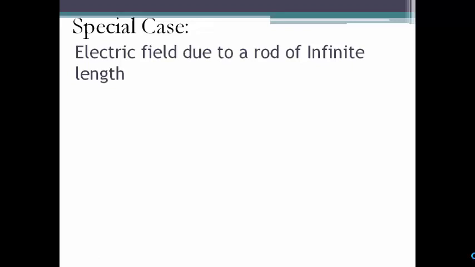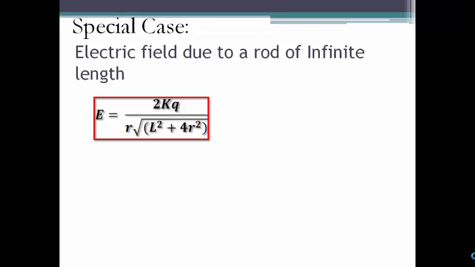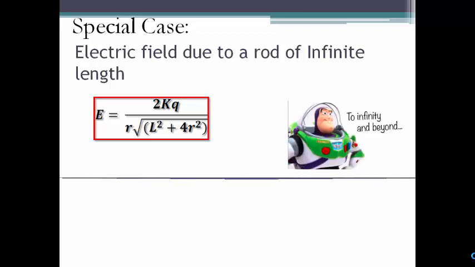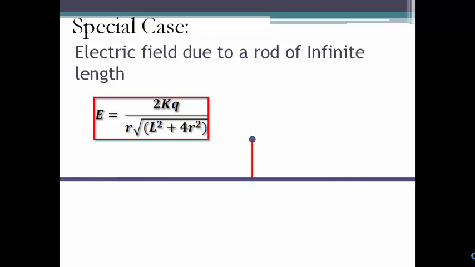Now for the special case, you have to find the electric field due to a rod of infinite length. We have the expression for the electric field due to the rod of length L. Now if you imagine a rod of infinite length, then the distance r is negligible in comparison to L. Therefore in this expression we can neglect the r square term when added to L square.